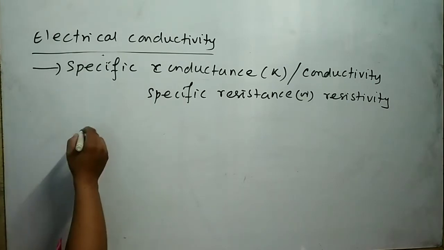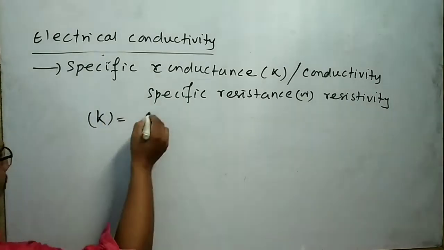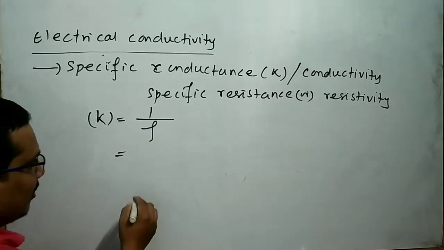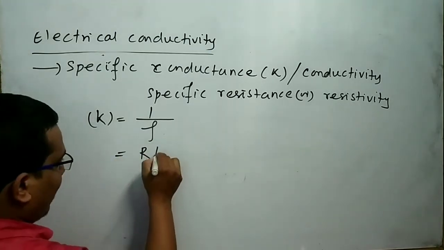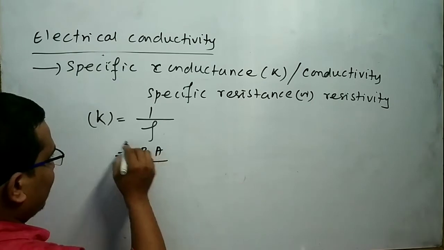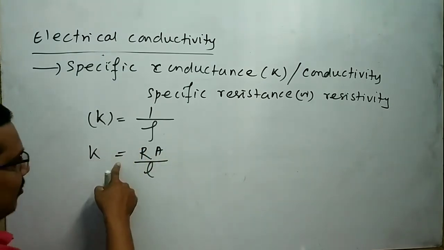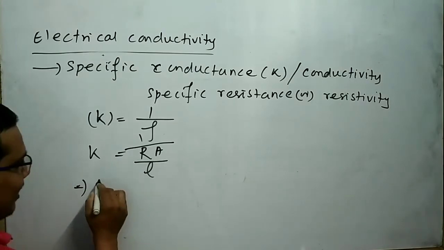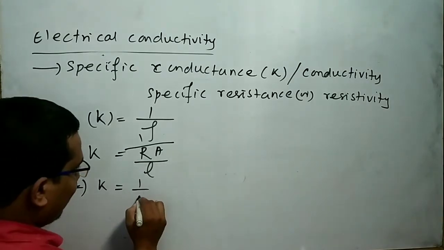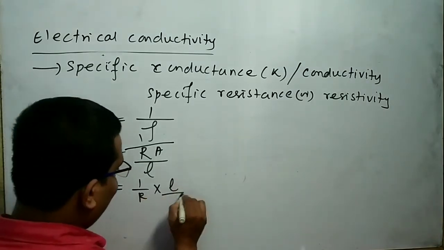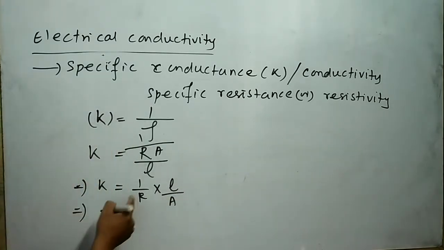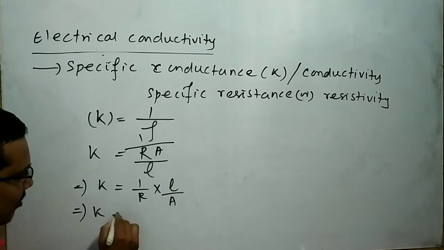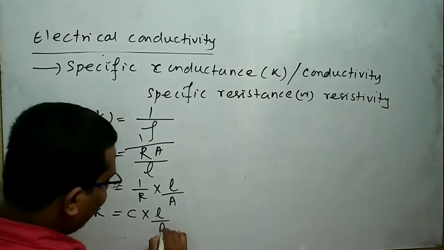So we can write K is equal to 1 by rho. Again we know that rho is equal to RA by L. That means K is equal to 1 by R into L by A. We know that 1 by R is the conductance. So K is equal to C into L by A.